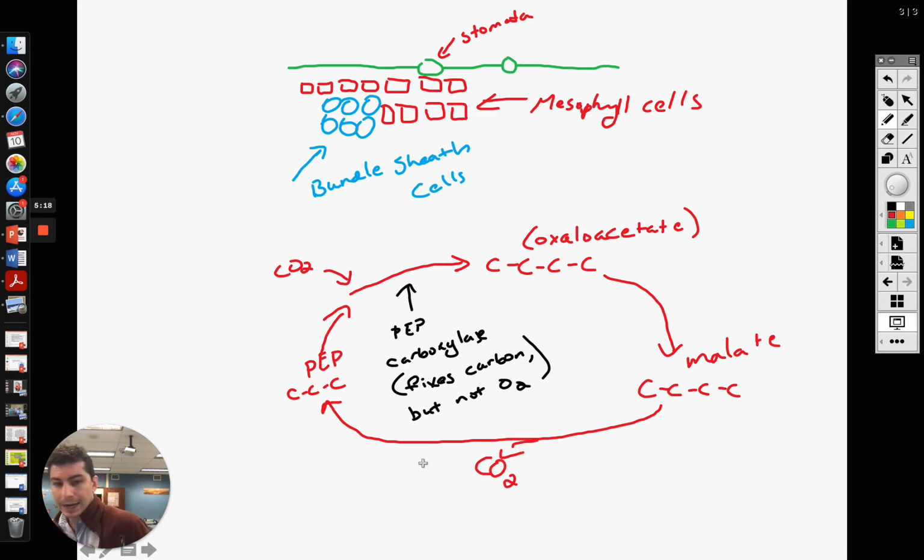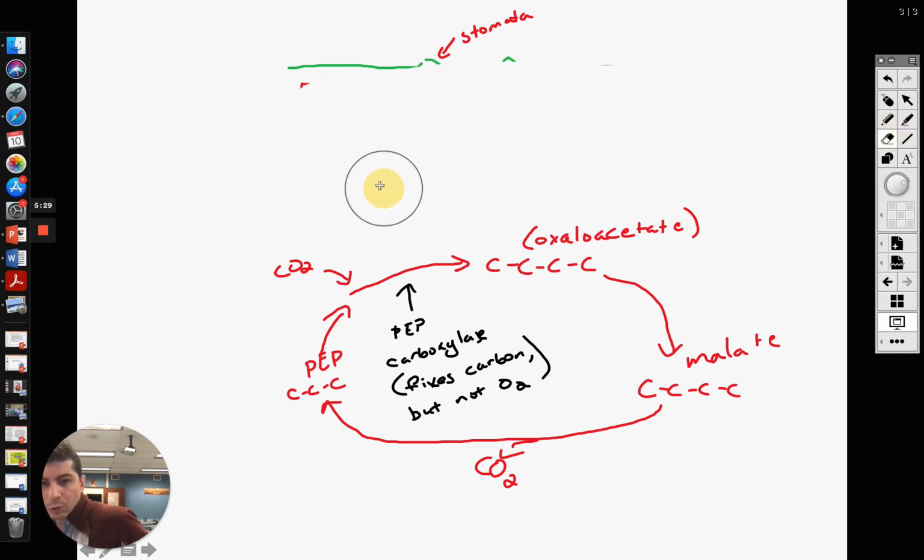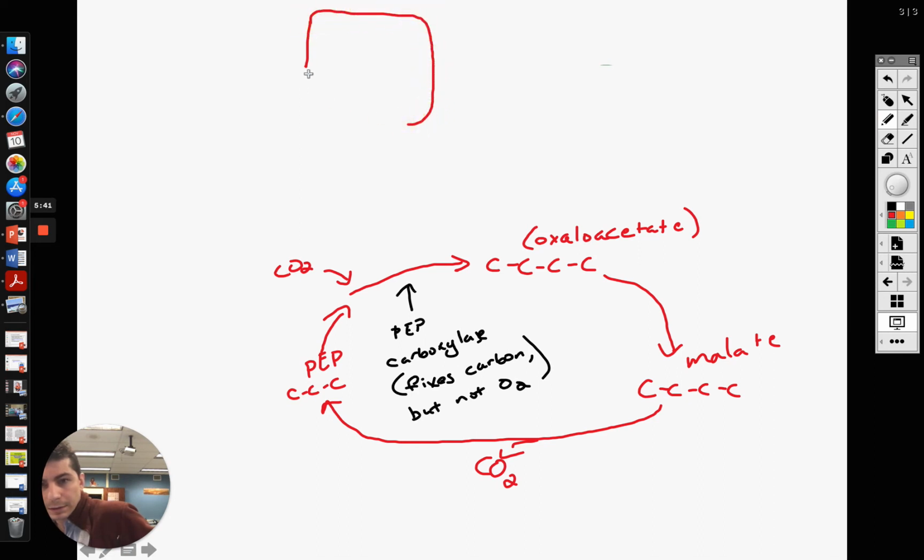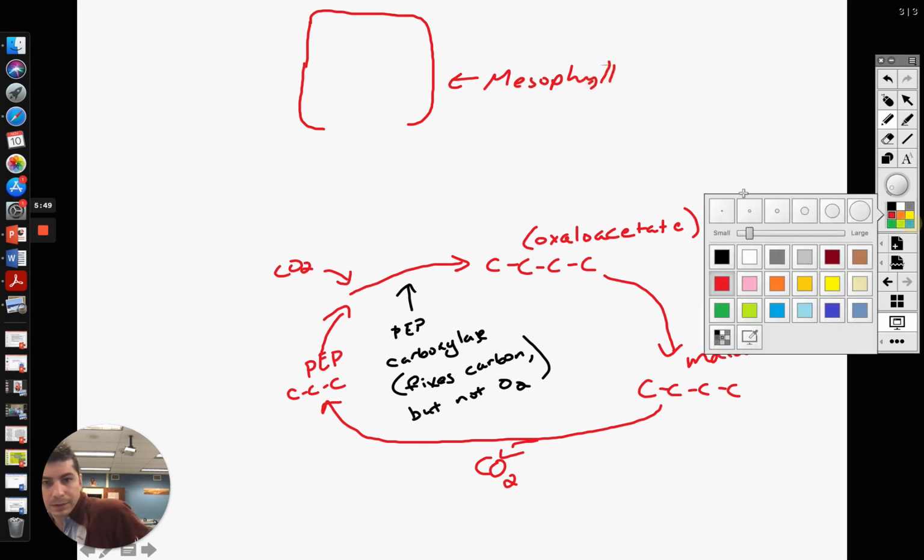All right. Now, what's going to happen here, I'm going to erase the top here. I showed you the cycle, but I did not show you where the cycle happens. So if we have up here, this is going to be our mesophyll cell. Mesophyll cell.